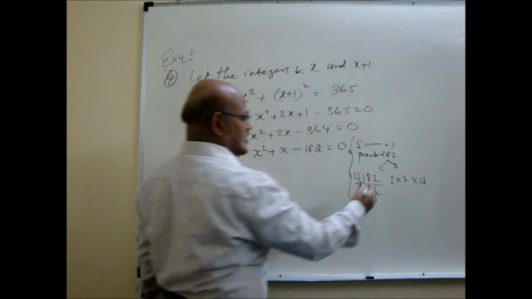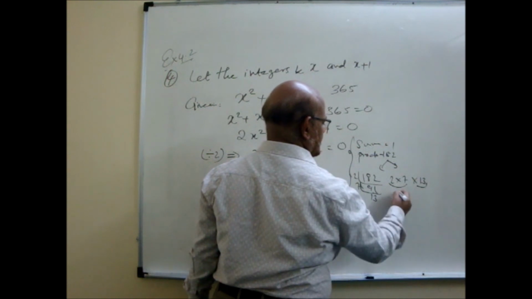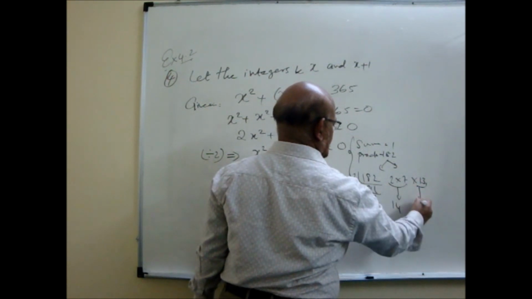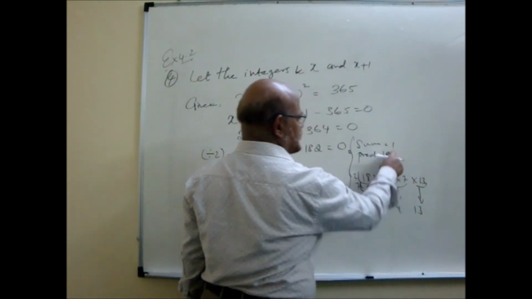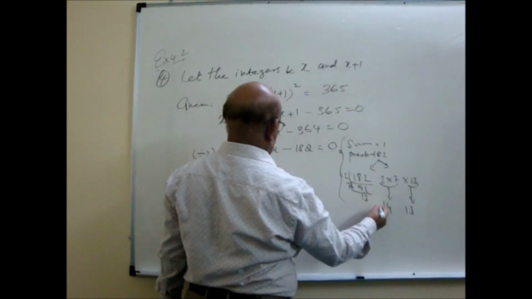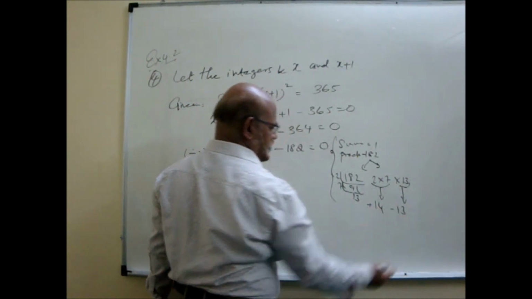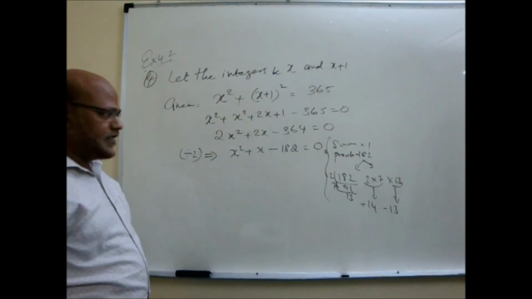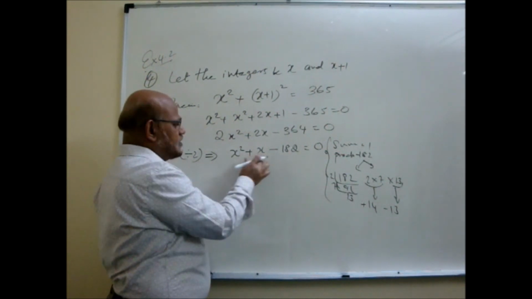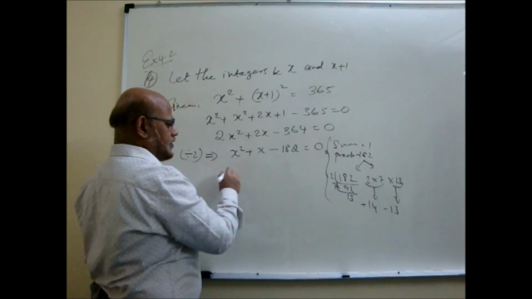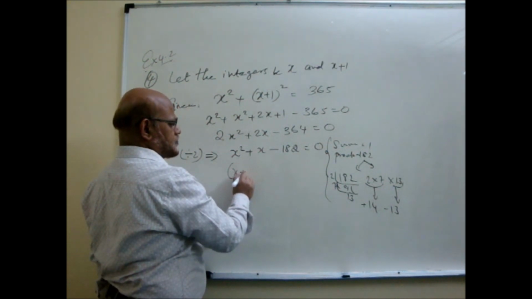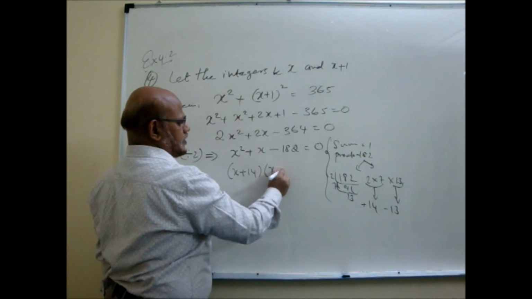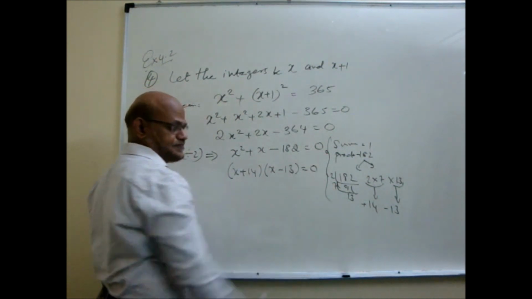So it is 2 into 7 into 13 I get. You can easily make out the two numbers. Okay, you take the numbers like this: this is 14 and this is 13. When I take 14 and 13, the difference is 1. So you take the positive 14 and negative 13. You can easily factorize by splitting the middle term. As the x square coefficient is 1, directly you can write x plus 14 and x minus 13 equal to 0.